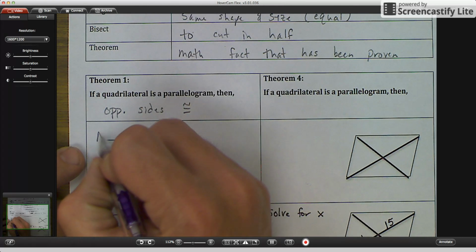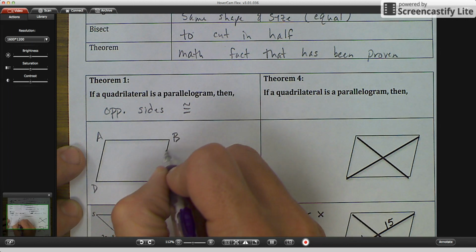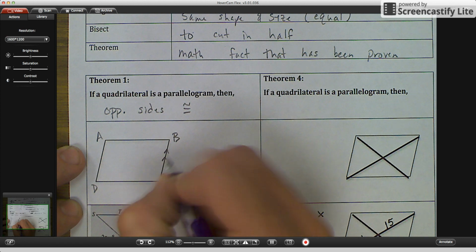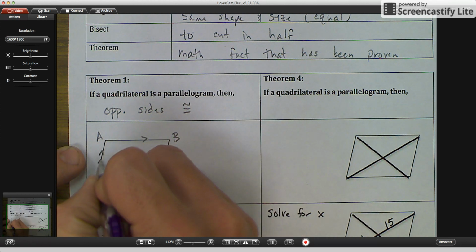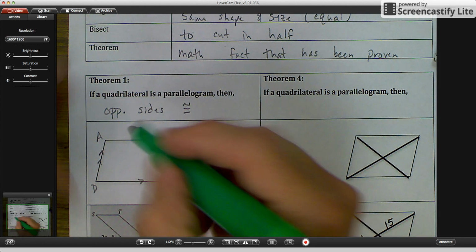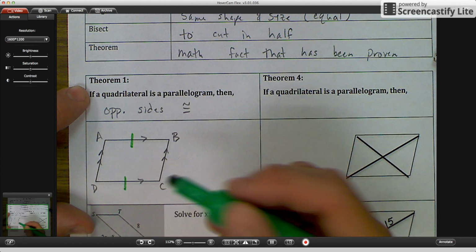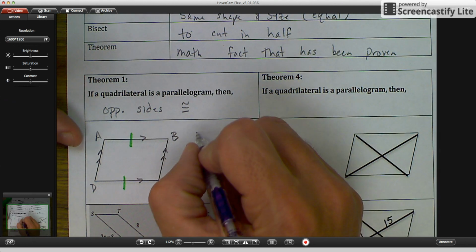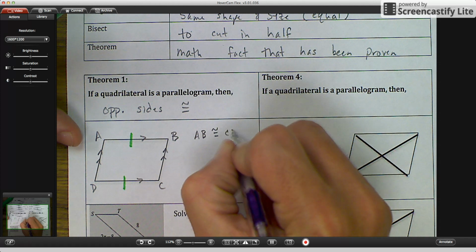I'm going to label my parallelogram A, B, C, D. I'm going to make my markings to show that it is a parallelogram. And then I am going to make my markings to show the congruent sides. So opposite sides are congruent. So AB is opposite of DC. And the statement there would be AB is congruent to CD.